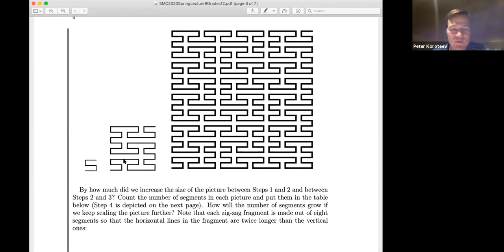I think the fastest way would be to count how many figures we have at step 2, and then count the number of segments that connect them. All right, so how many do you have? 1, 2, 3, and then there are 3 more, so 4, 5, 6, 7, 8, 9. Then you need to find the number of connectors. There's 1 here, 1 there, so there are 2 in the first row, 2 in the second row.